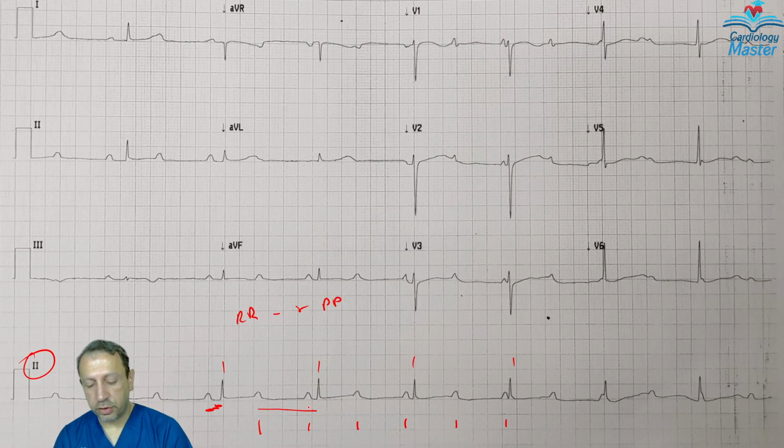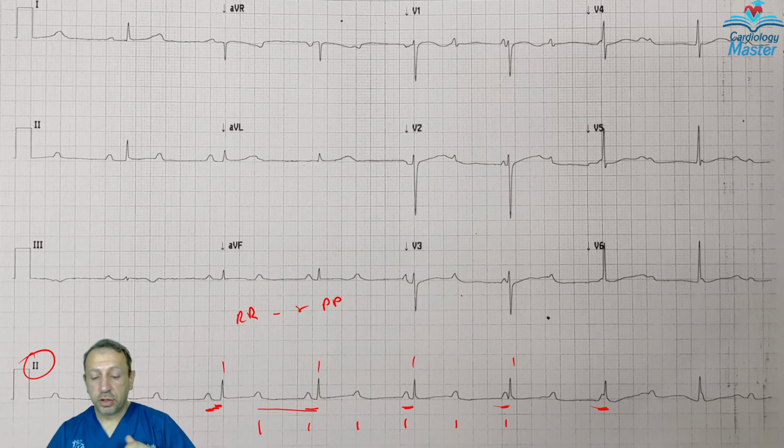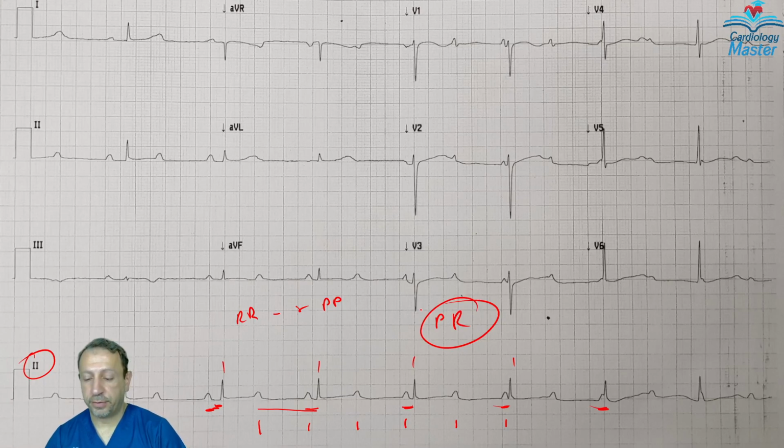See, the PR interval is long, the PR interval is shorter, is very short, and here the P wave is embedded within the QRS complex. So the RR interval is constant, the PP interval is constant, while the PR interval varies.